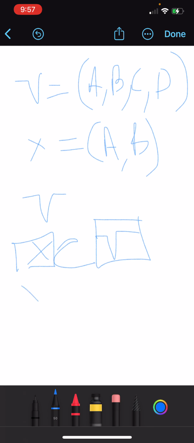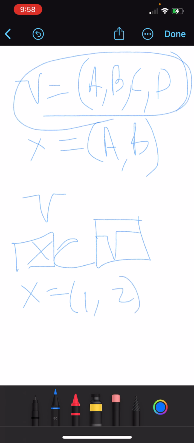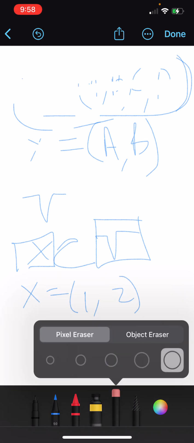We can't say that X is a subset of V if the elements in X are, let's say, 1 or 2, because 1 and 2 are not part of our vector space.